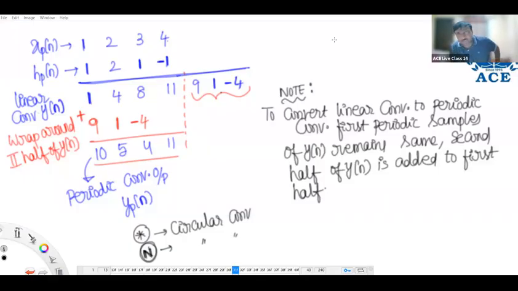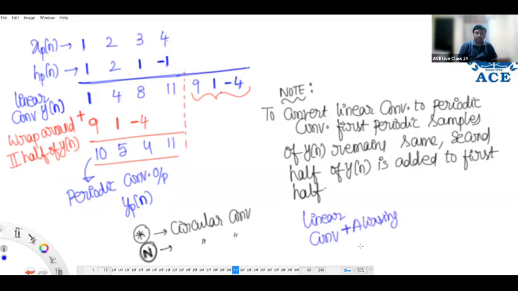I will not use the DFT technique. Without using the DFT technique, we got the periodic convolution answer by following this procedure. One more point you should understand in this question is that linear convolution plus aliasing result is giving us the periodic or circular convolution answer.